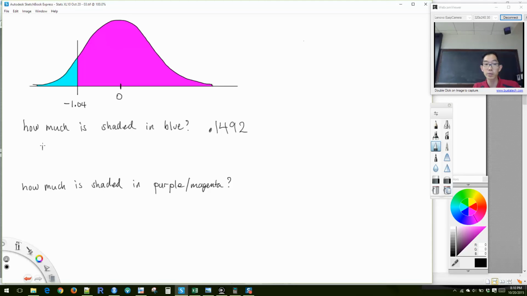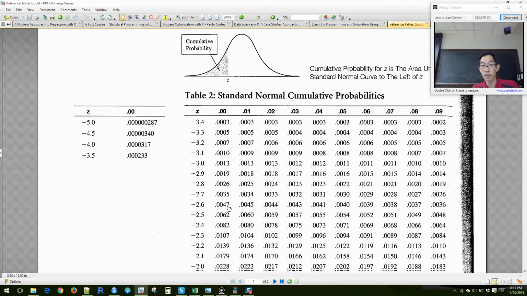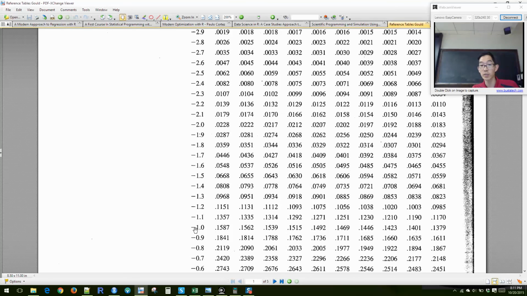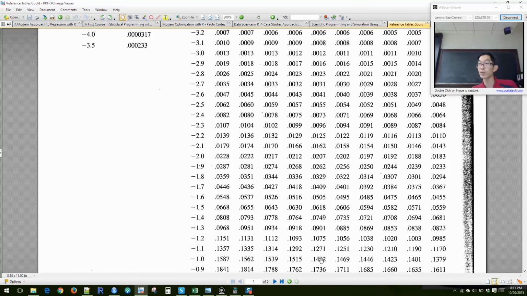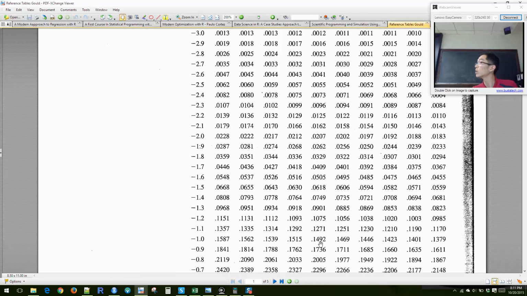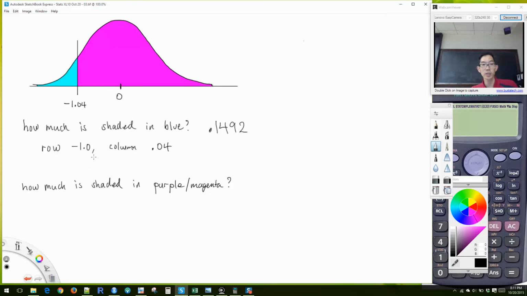0.1492, right? I go to the row negative 1.0, and I go to the column 0.04. I have to go to the negative side of the table, and I go to the row negative 1 and the column for 0.04, and I find 0.1492.